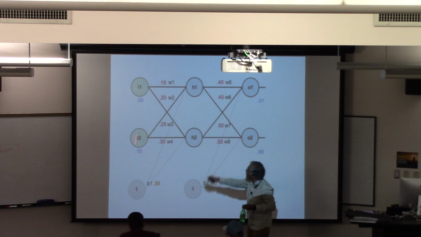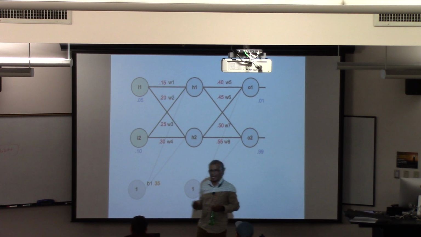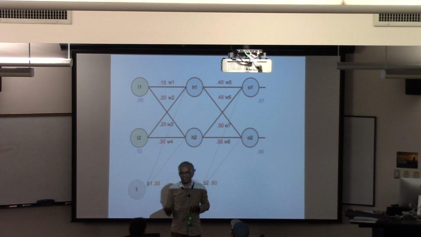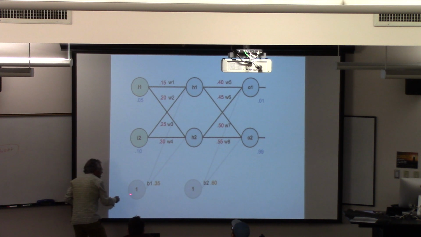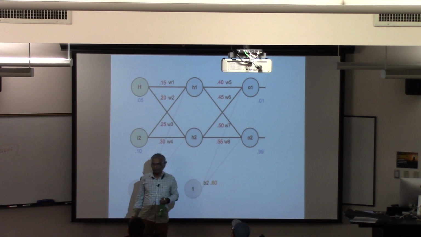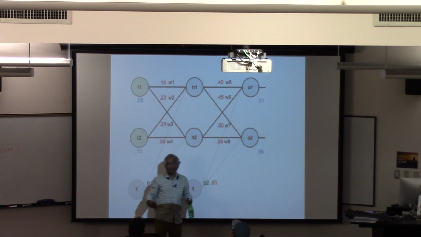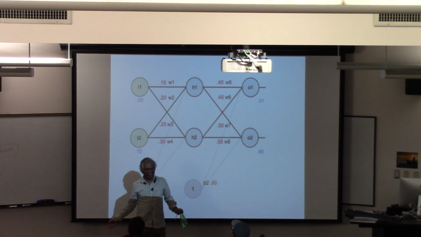Suppose I have been given 1,000 input examples and their labels. That's the training data. I can run all the 1,000 examples through this network, compute the error for each of the examples, sum all those errors, and minimize that.